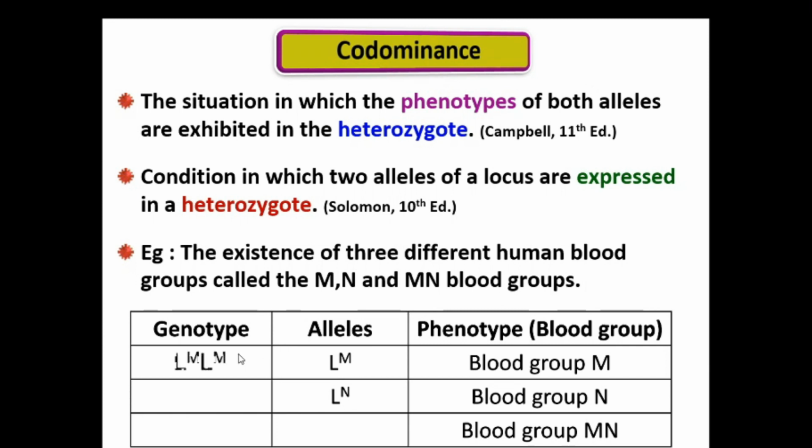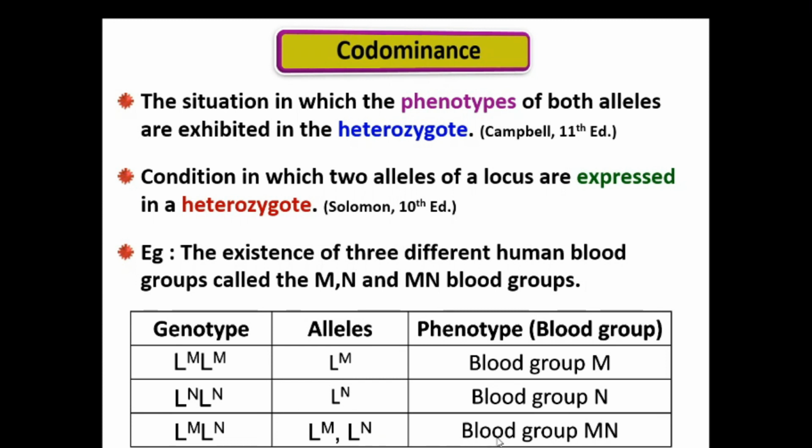If the individual has the genotype LM LM, they only have one type of allele, which is LM only, so it will result in the phenotype of blood group M. For the second one, if the individual has the genotype LN LN, they only have one type of allele, which is LN, so this will result in blood group N. But if the individual has the genotype LM LN, there are 2 types of allele you can find in this particular genotype, which are LM and also LN.